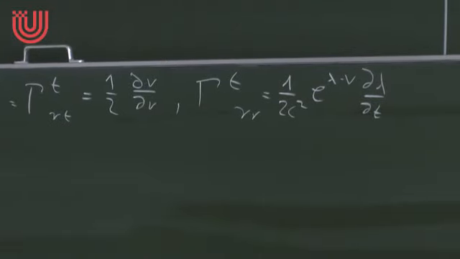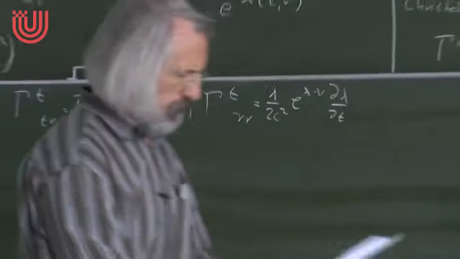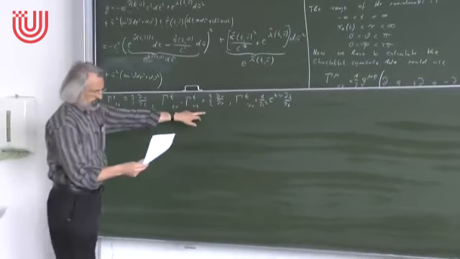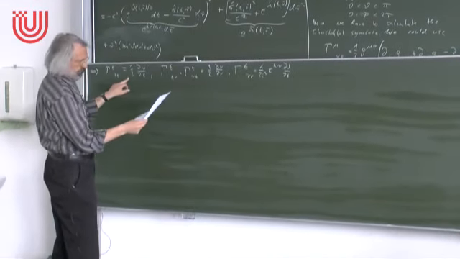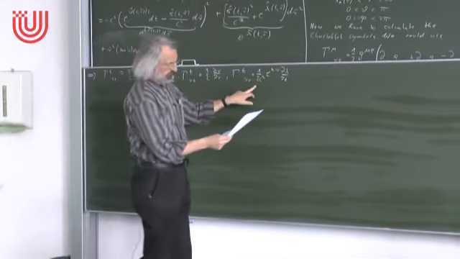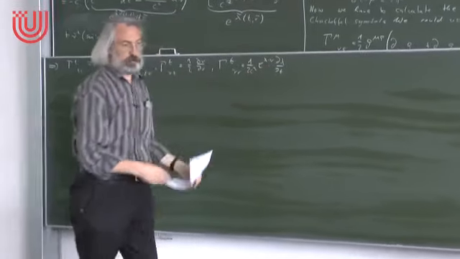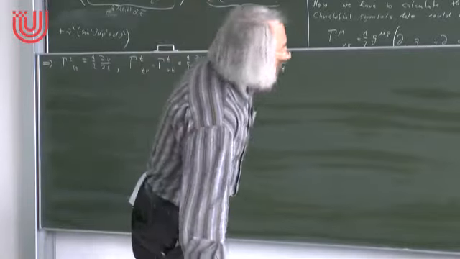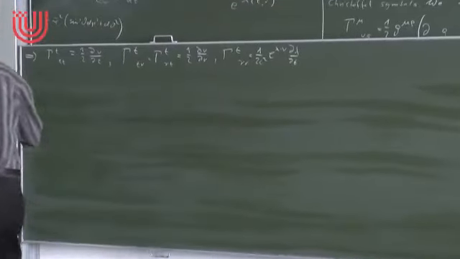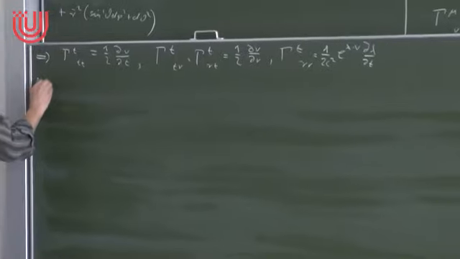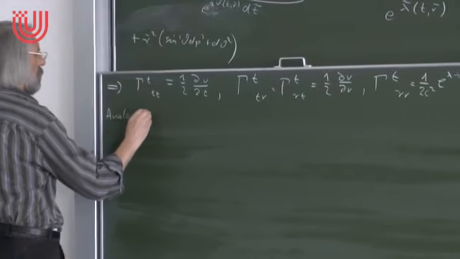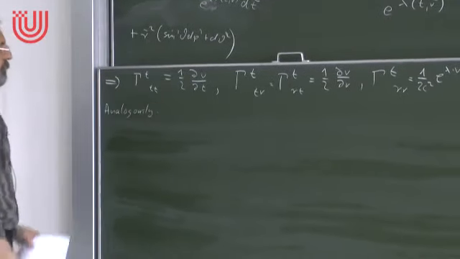Here they are. 1/2 dν/dr, 1/2 dν/dt, 1 over 2c squared e to the λ minus ν dλ/dt. Yes, excellent. And we do it analogously for the other components. And I just write the results.